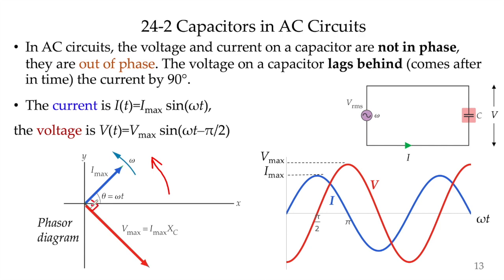If you remember with the resistors, there was 0 degrees between them. They were in phase. But if you have a capacitor in the circuit, then the phase difference between the current in the circuit and the voltage on the capacitor becomes 90 degrees.